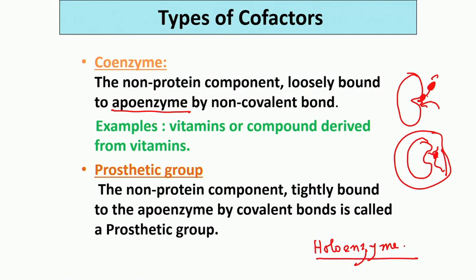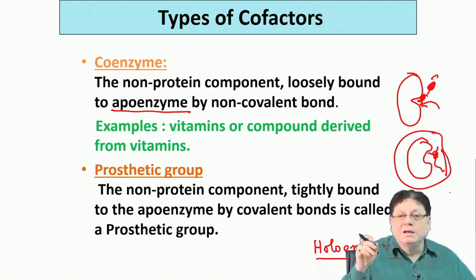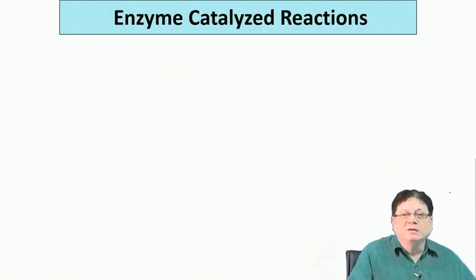And the other thing is that if the cofactor is organic, then that is also called coenzyme, but cofactor also includes metal ions, okay, because sometimes metal ions can also be very critical for some enzymes to show their activity.